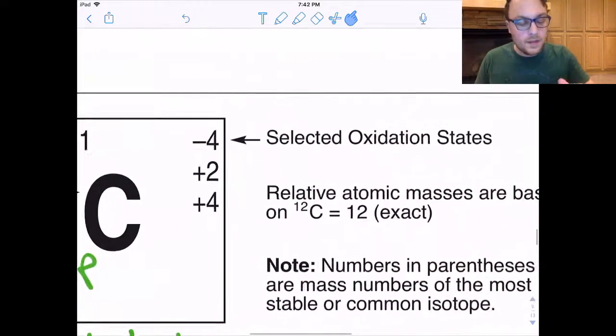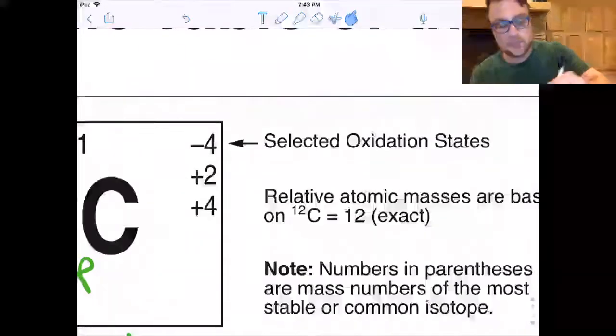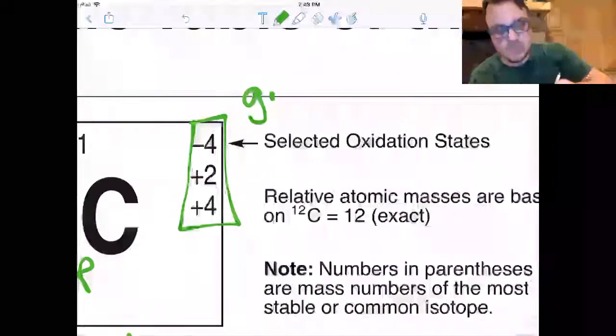And the last thing are your oxidation states, which sometimes we'll call charges. And these are selected oxidation states. Some of these atoms can have oxidation states not seen here, but keep in mind that you'll only see these if something is given with that charge.